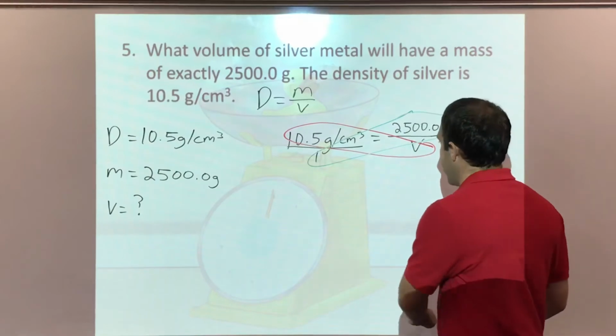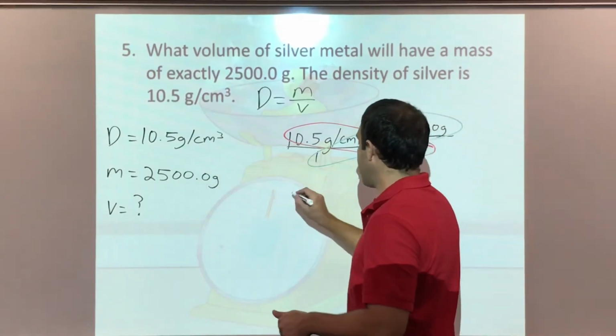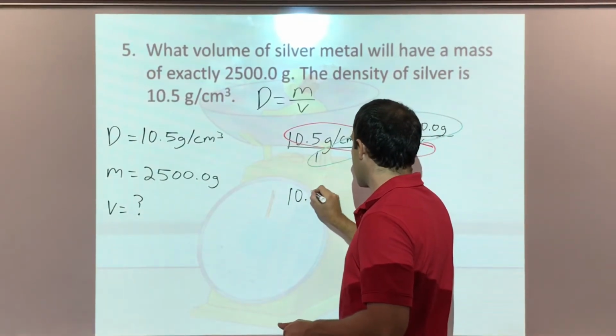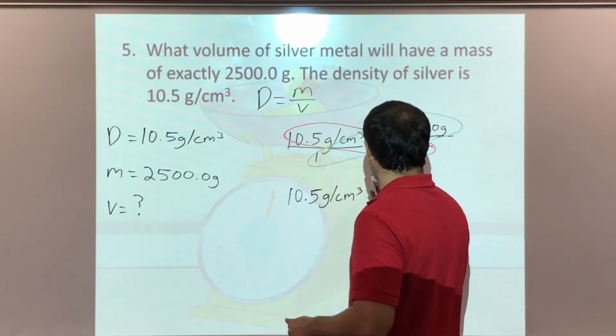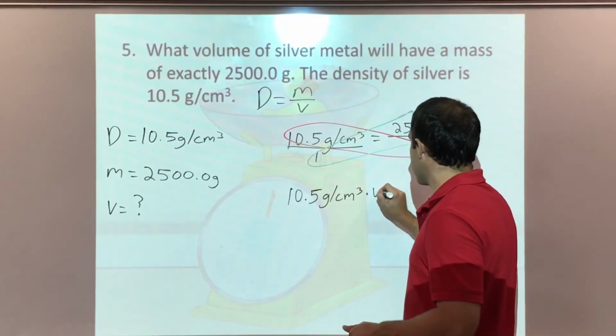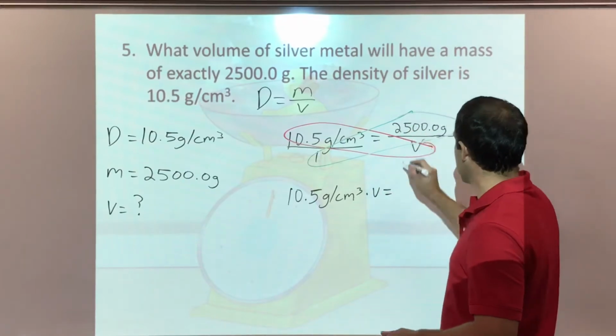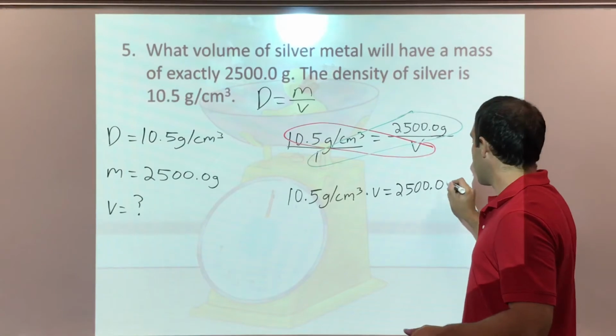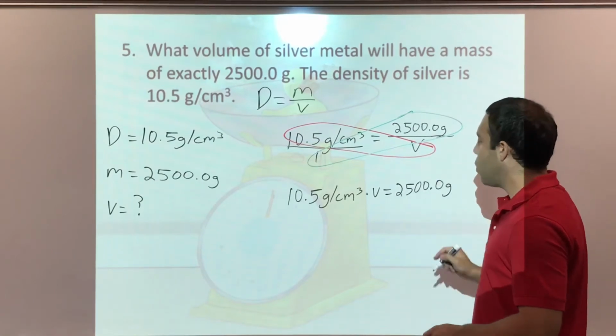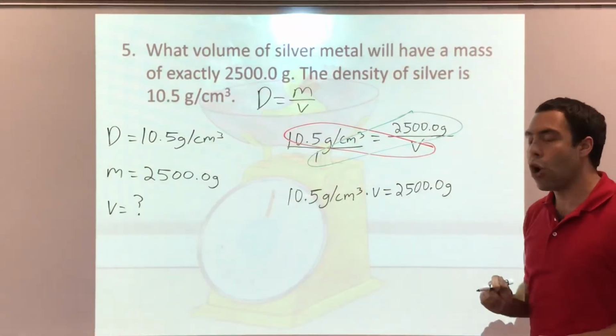So we're left with 10.5 grams per cubic centimeter times V is equal to 2,500.0 grams times 1.